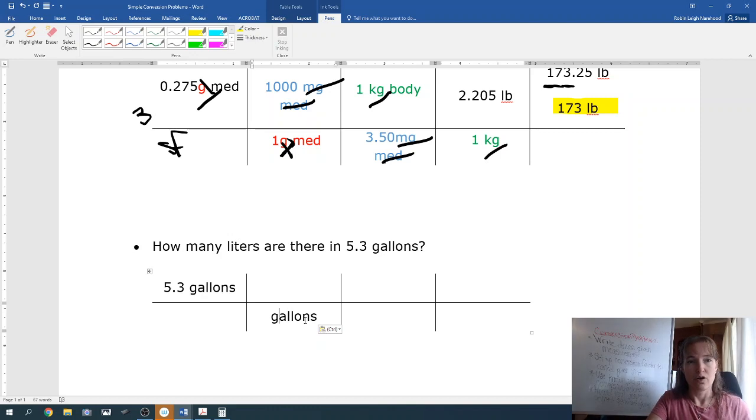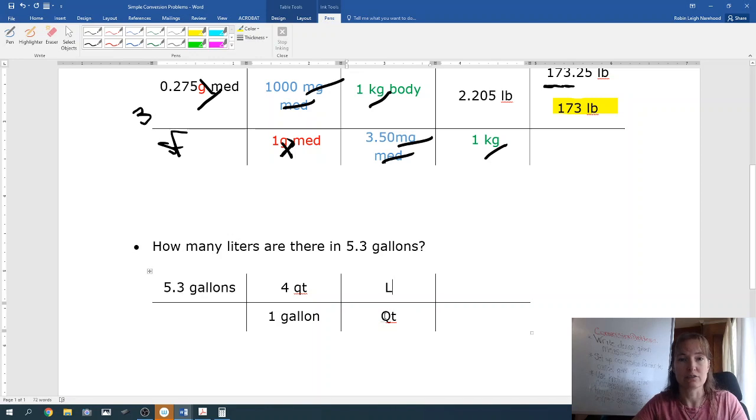And so we want to get used to just saying, okay, we got gallons. First idea to do gallons is to go to quarts. Is that what I want to do? Yes. And so I'm going to put quarts on the top. There are 4 quarts in a gallon. And I don't want quarts, so my next conversion factor will be quarts, and I can go to liters.